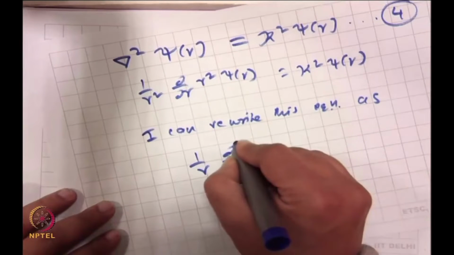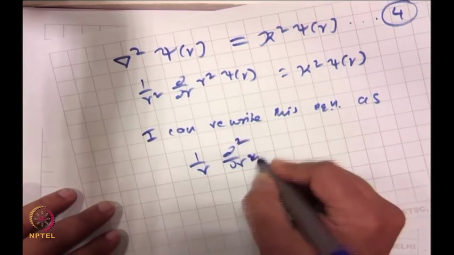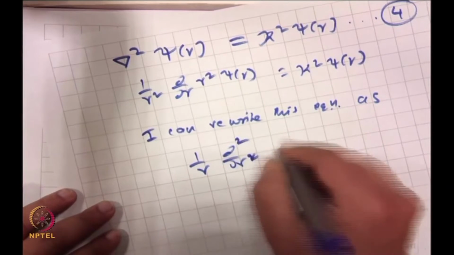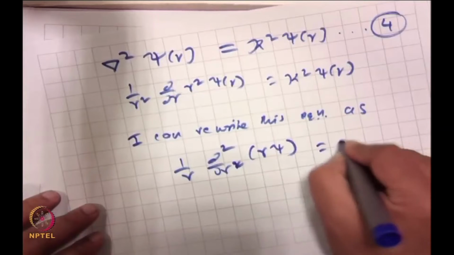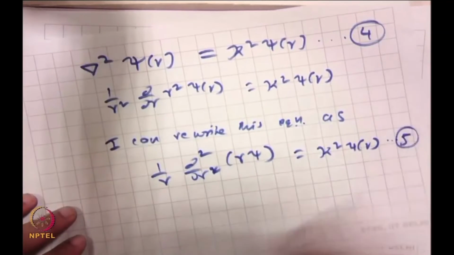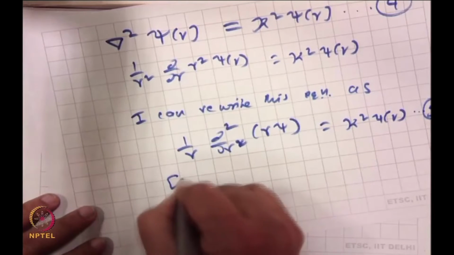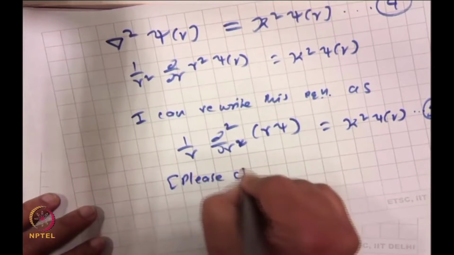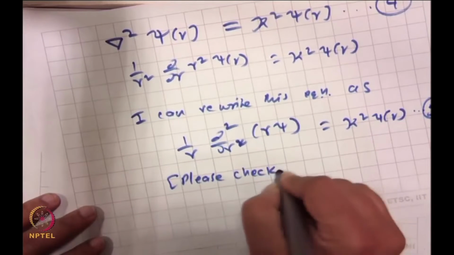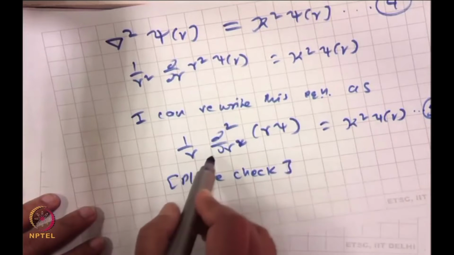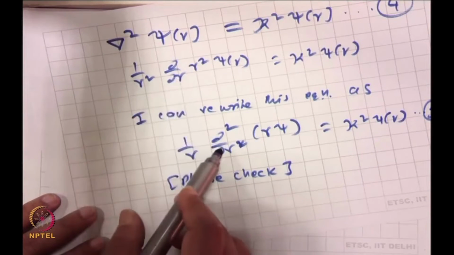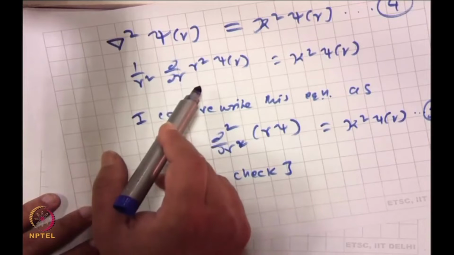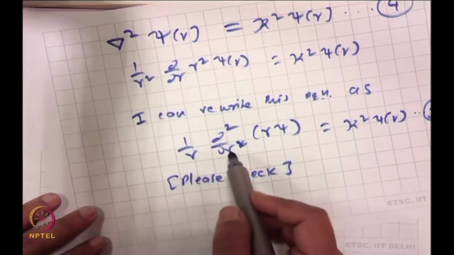So, actually I should write del 2 over del r squared of r psi is equal to kappa squared psi of r. This is 5. This is for you to check. Please check the equivalence of this expression and this expression, right. See whether we can write it like this. That is for you to check.